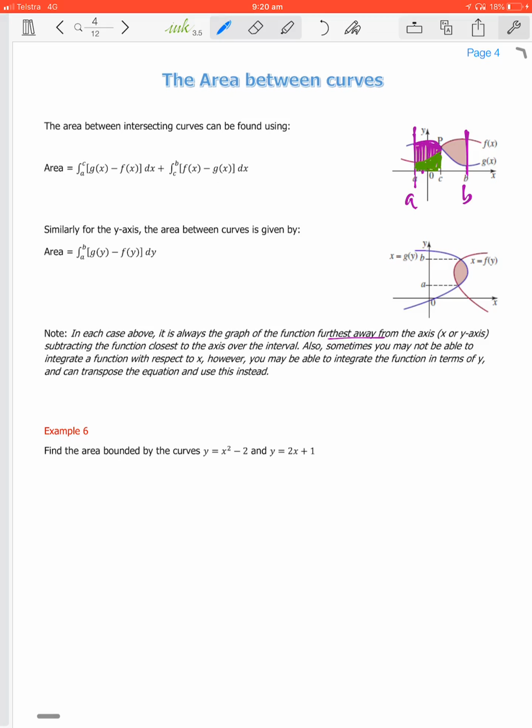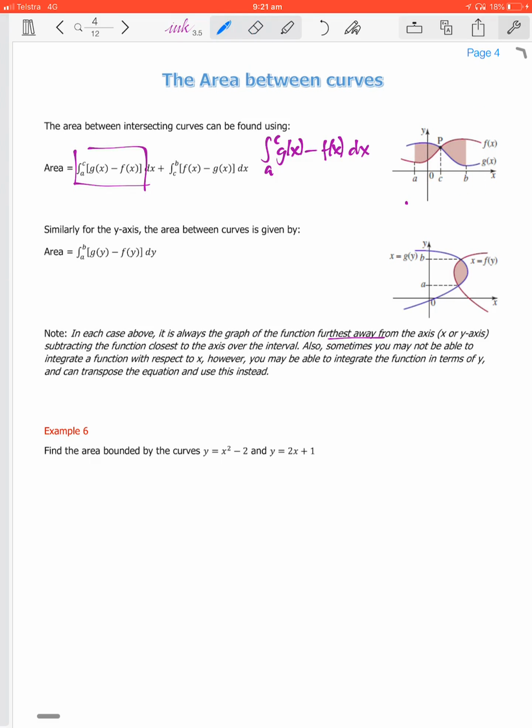If I want the area between the two, from A to C, I take the area under g of x minus the area under f of x, which gives me the purple area that we're left with. So that's g of x minus f of x.